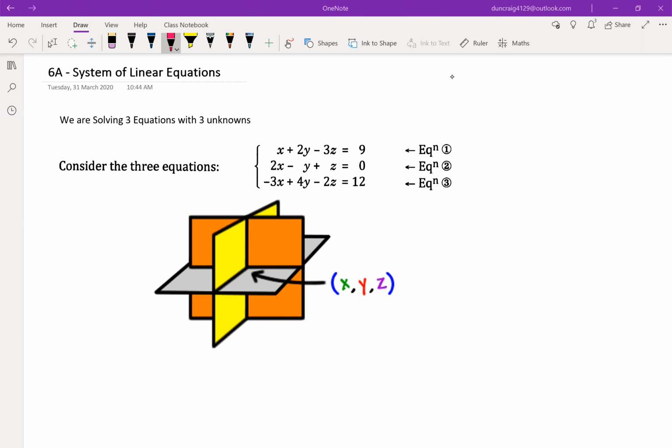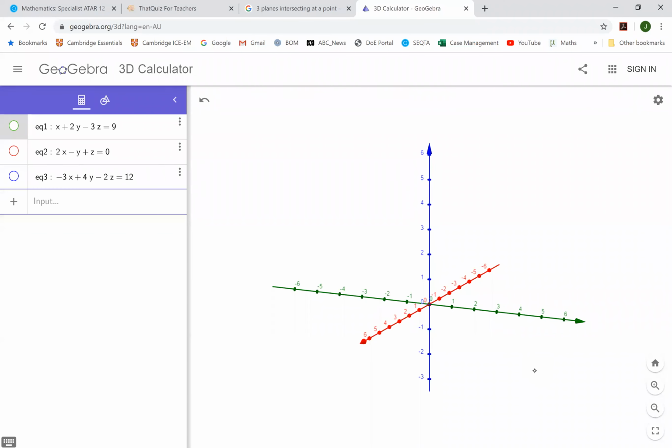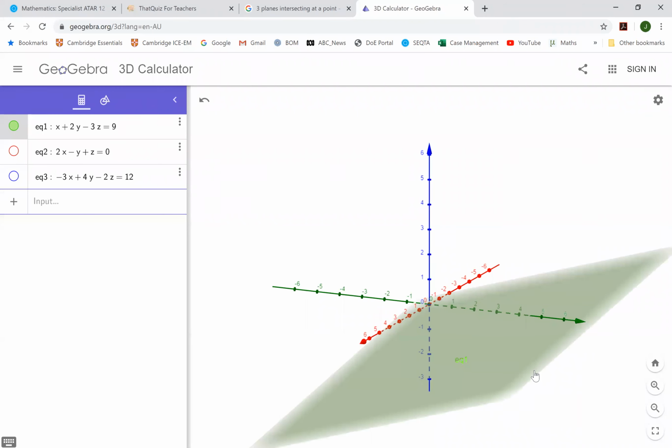I've actually gone ahead and done a 3D graph of those equations to show you. So I'm just going to share a different screen here. So here I've got a 3D graph, and I've got the three equations as shown before. If I turn one of them on, there is a plane in 3D.